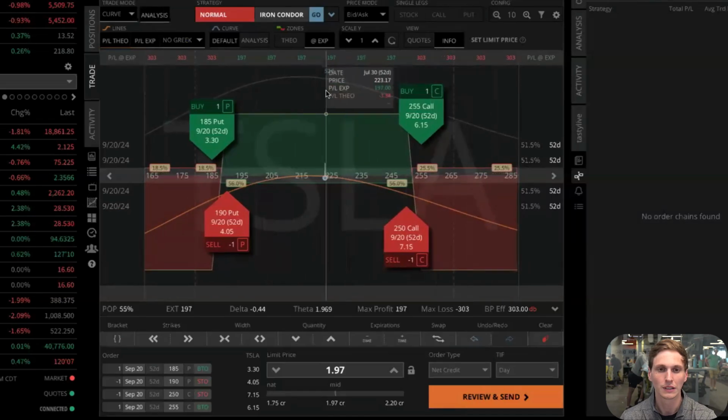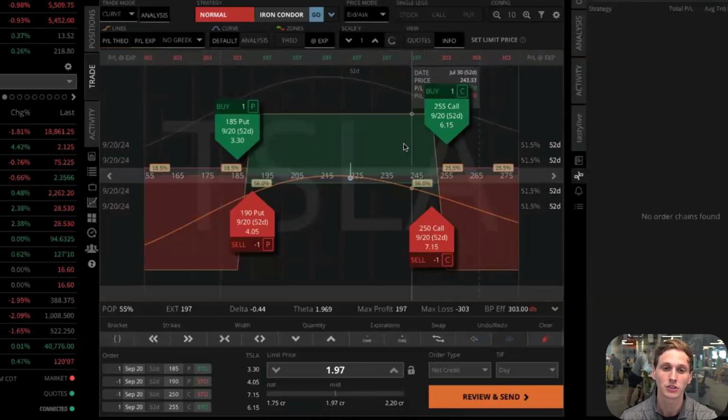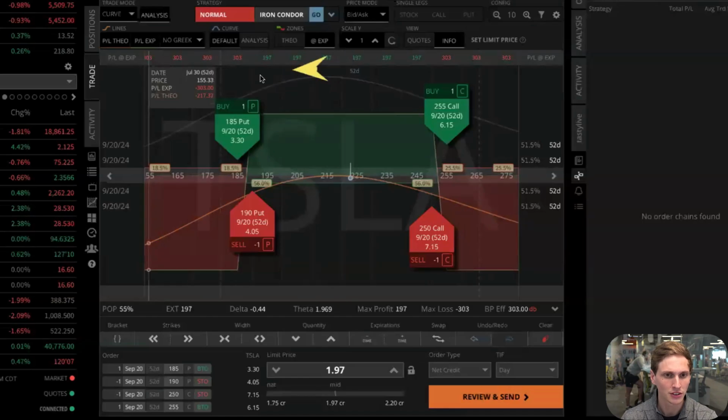I'm sure if you've traded with some other brokers, you've seen a very similar page. And this is where we can get a P&L graph at expiration, and we can also look at theoreticals in just a second. But here we're just looking at our P&L at expiration based on where Tesla is trading. So for example, as you see my mouse move around here, you see this box right here. It's going to move as I get off my drawing tools here.